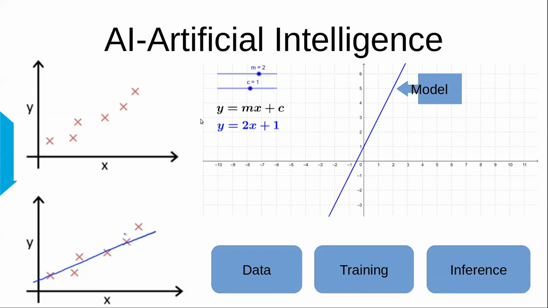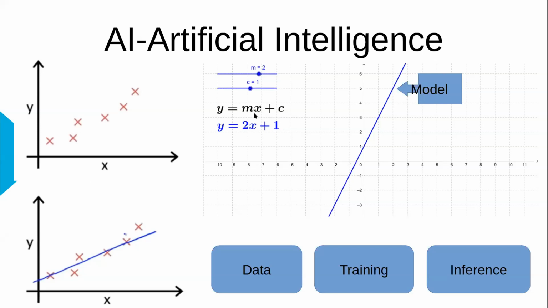Here the data are the price of the house on the y-axis and the square feet area of the house on the x-axis. And m and c are the trainable parameters which can be finalized through the training stage.